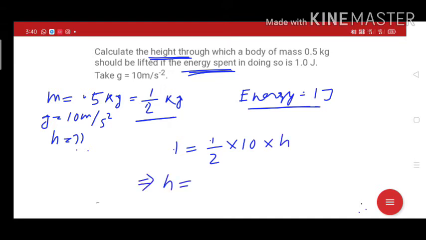H is going to be, 2 5s are 10. That means h is going to be 1 by 5, and that is 0.2 meter.